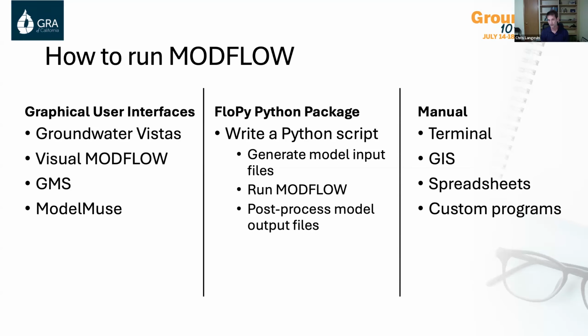And it's something that we emphasize in the MODFLOW classes that we teach: the ability to work with the MODFLOW files directly, run the model from the terminal window, use GIS if you need to build some of the input files, or spreadsheets, or write your own custom programs. I see a lot of people still out there using Fortran programs to write recharge arrays for MODFLOW. That's fantastic. I would say Python is also a really nice option for doing that. So we're going to be focusing on this middle option here.